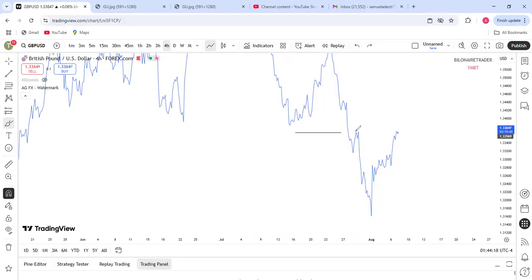As you can see, we have this high, this low, this high. This high broke the previous high and then closed to the downside, giving us a break of structure. So we have this first break and the second break. We have lower high, lower low, lower high, lower low, lower high, lower low. And now we have a break of structure to the upside here.